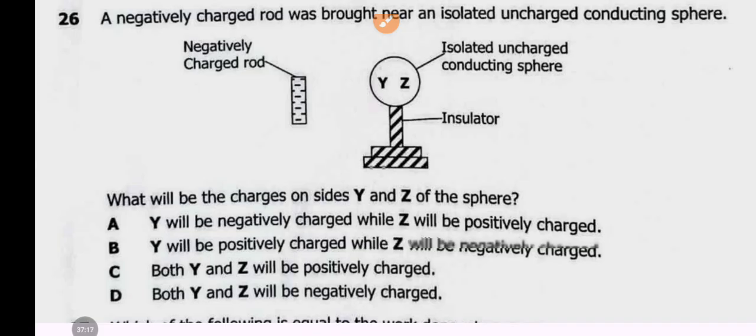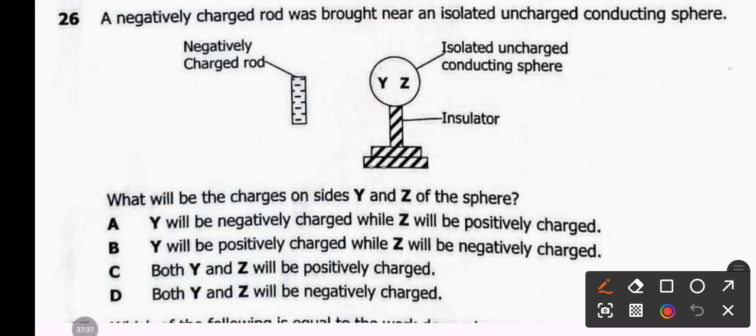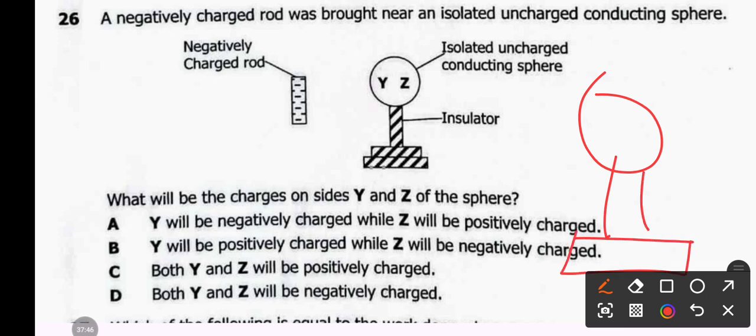Question 26. A negatively charged rod was brought near an insulated and isolated uncharged conducting sphere.